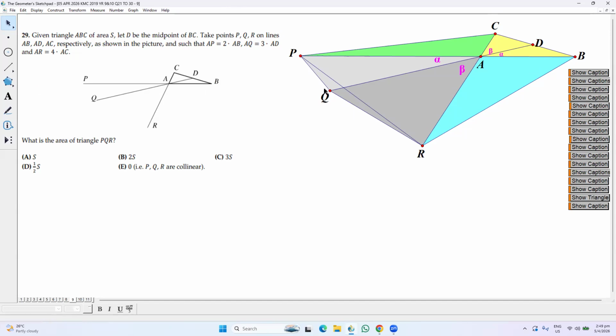Is it equal to S, 2S, 3S, half S, or 0? It means PQR collinear. So we cannot draw by measurement. You have to do it by calculation.